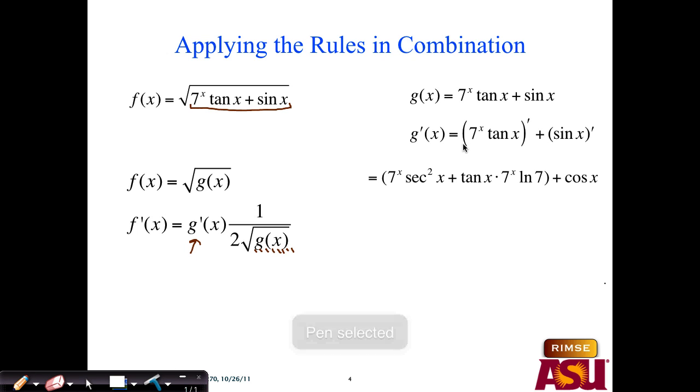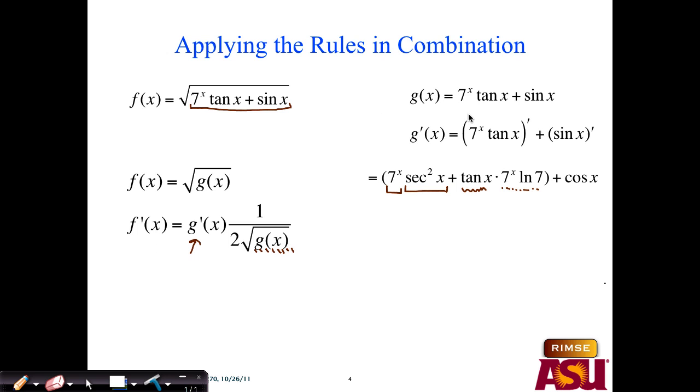Meaning the derivative of this 7 to the x tangent of x term underneath the square root sign is what I have in parentheses here. The original 7 to the x and the derivative of tangent of x, plus original tangent of x and the derivative of 7 to the x. So that's our product rule. I don't want to use f prime g or anything because we already have f's and g's here.